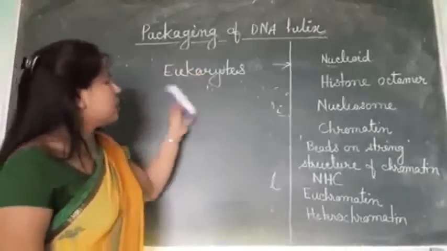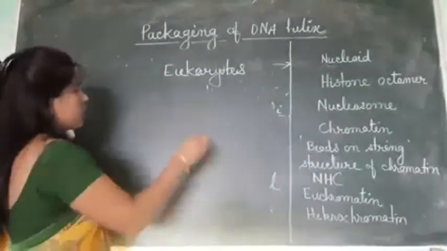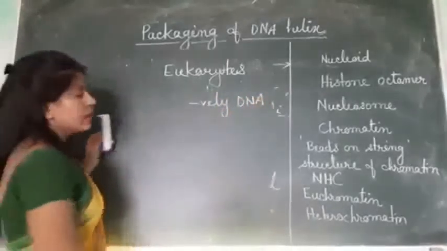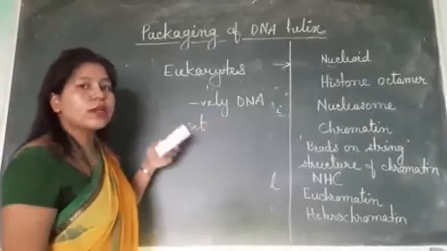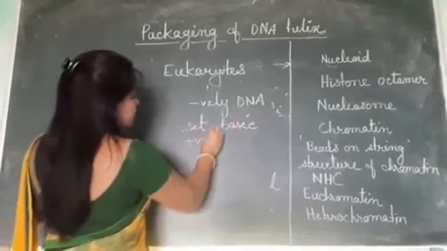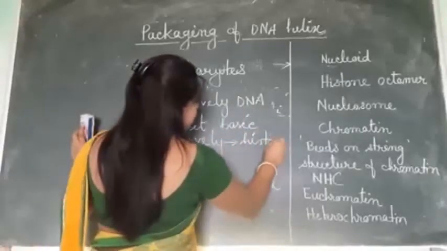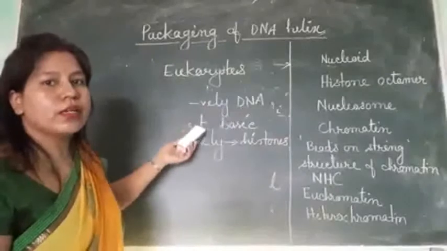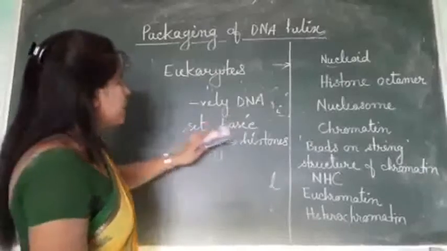In eukaryotes, the organization is much more complex than in a prokaryotic cell. In a eukaryotic cell, the negatively charged DNA is held with a set, not a single protein, a set of positively charged basic proteins called histones.